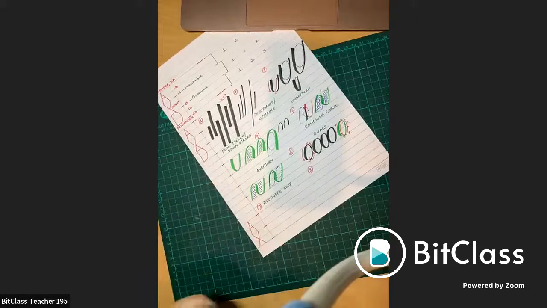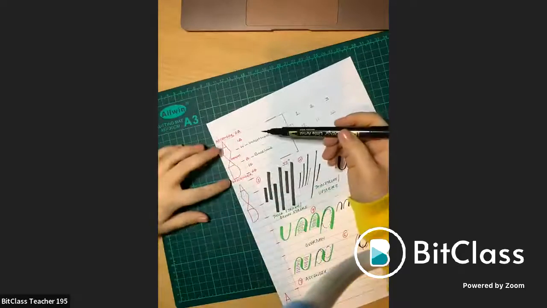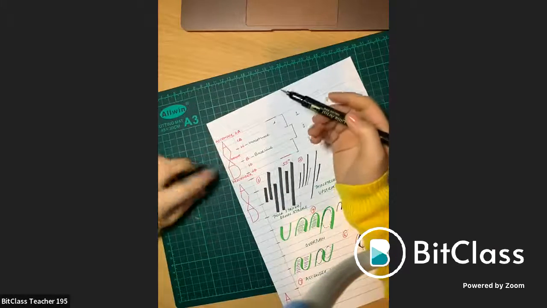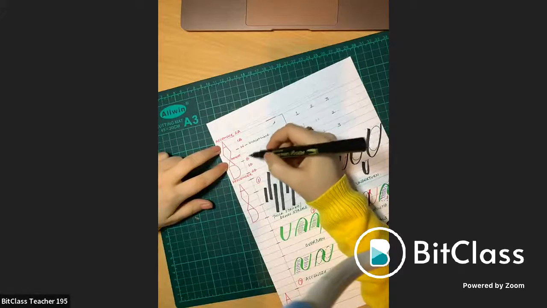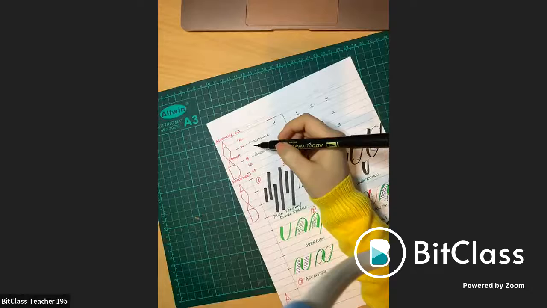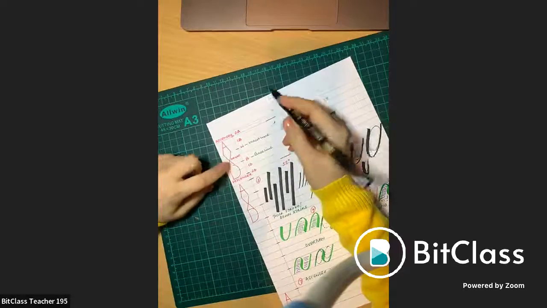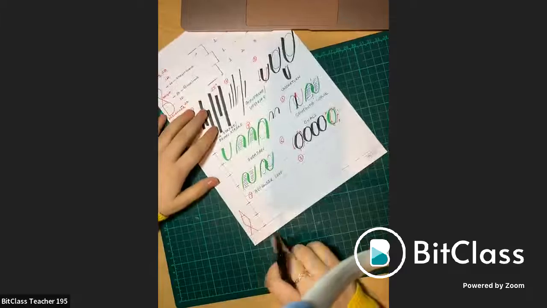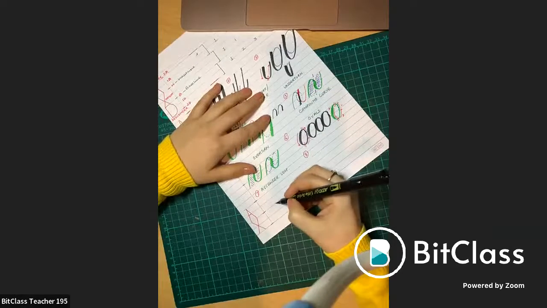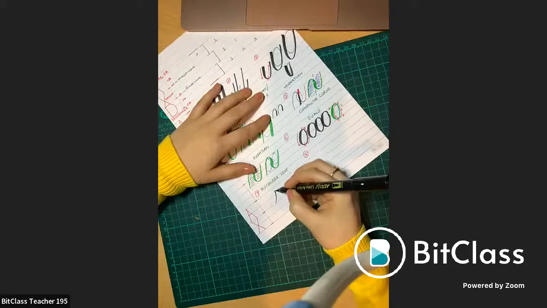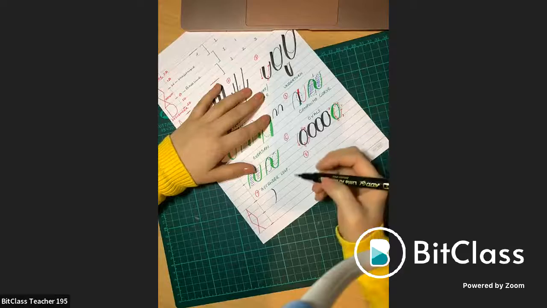So your next stroke is your ascender loop. Let's go back to our guide box. Right now we are using only these two lines, your ascender and your x height. For your ascender loop, we will start with a thin stroke like we do for your oval.